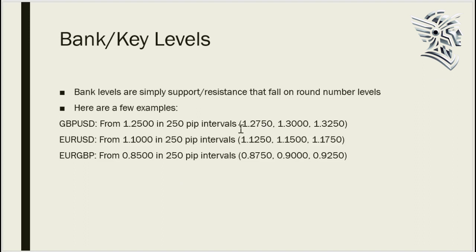So here you have examples of what they would be: 1.275, 1.3, 1.325. Euro US dollar, again, from 1.1 in 250 pip intervals, 1.125, 1.15, 1.175. Euro GBP from 0.85 in 250 pip intervals again, 0.875, 0.9, 0.925.